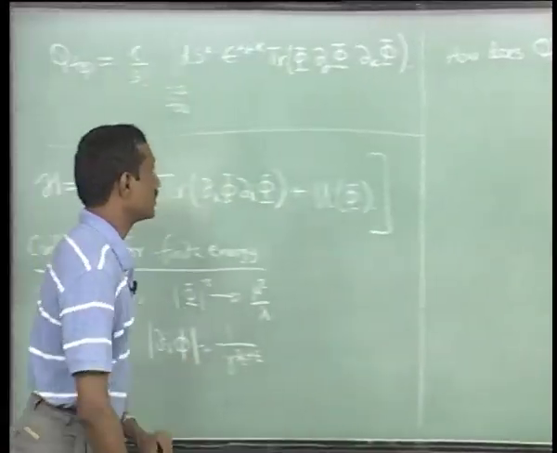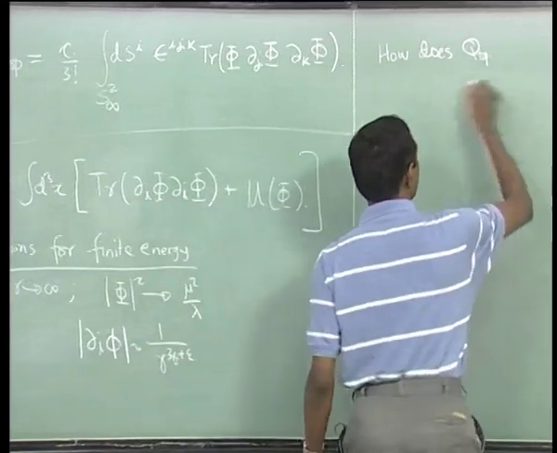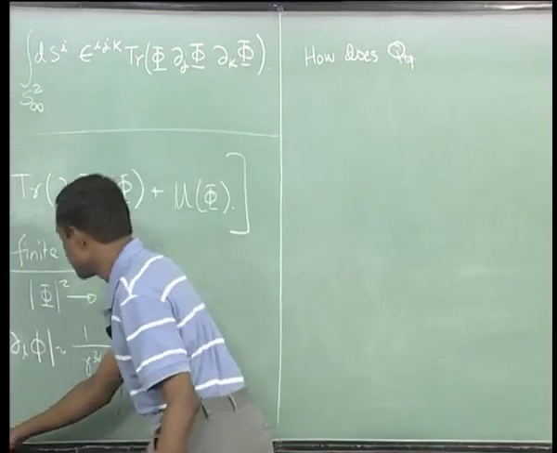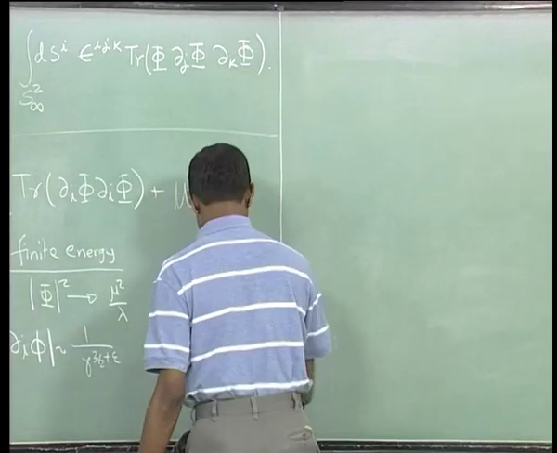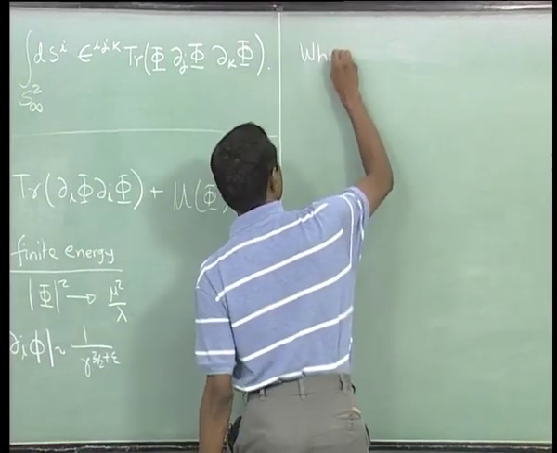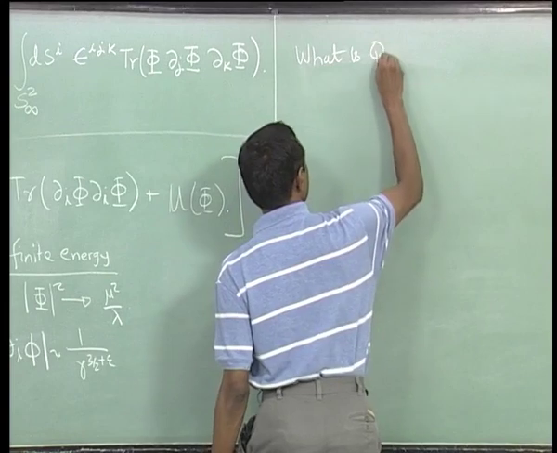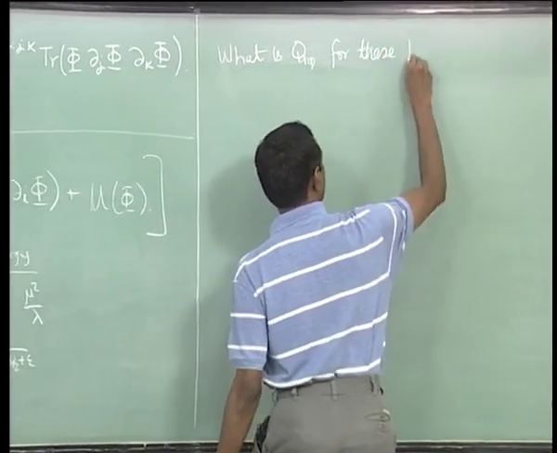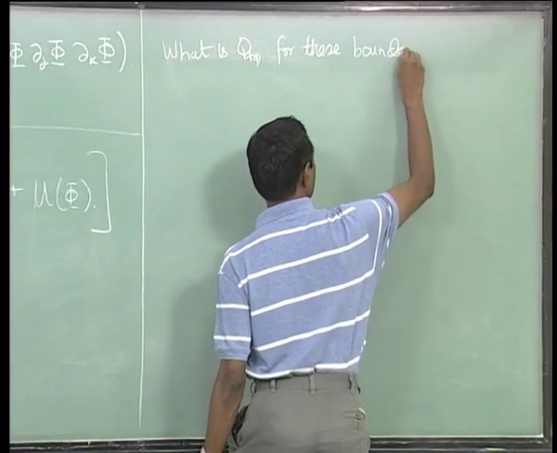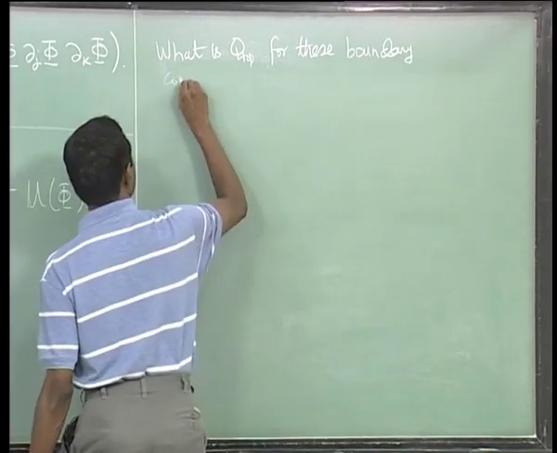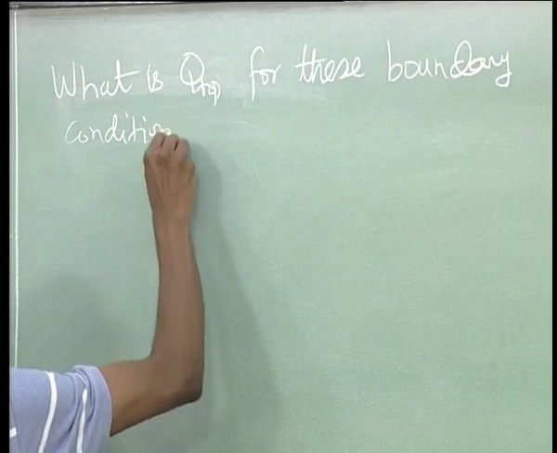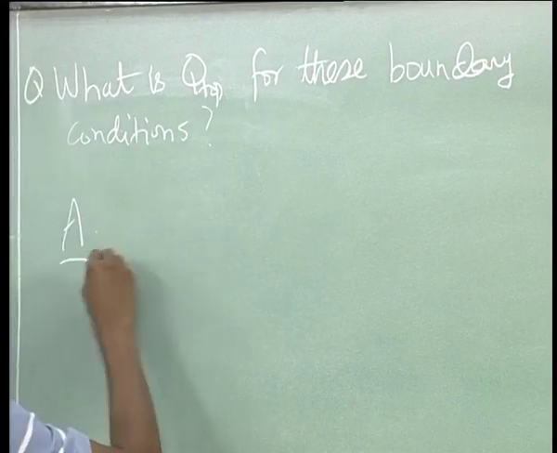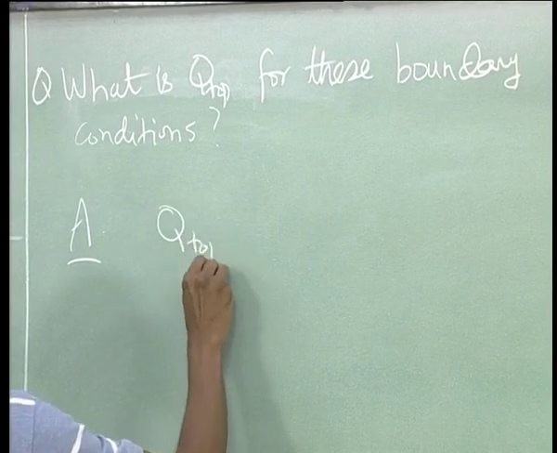What is Q topological for these boundary conditions? The answer is very easy. The answer is Q topological equal to 0.